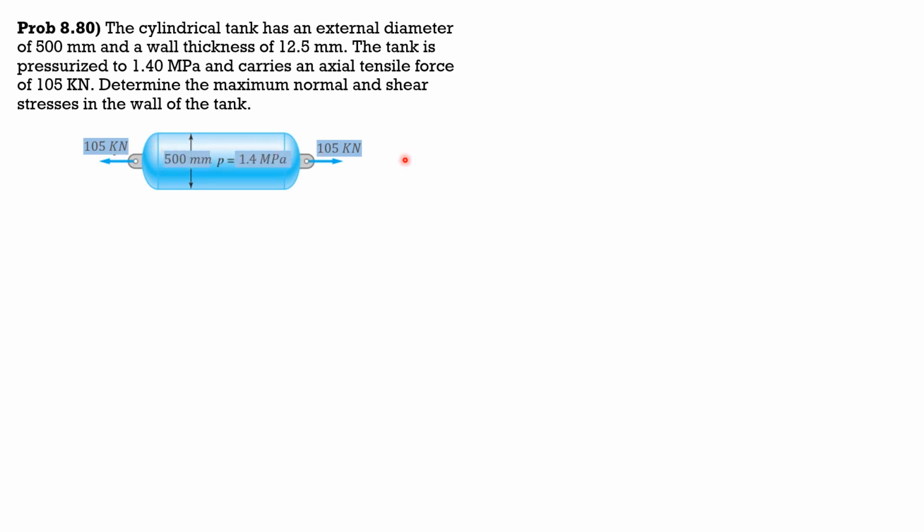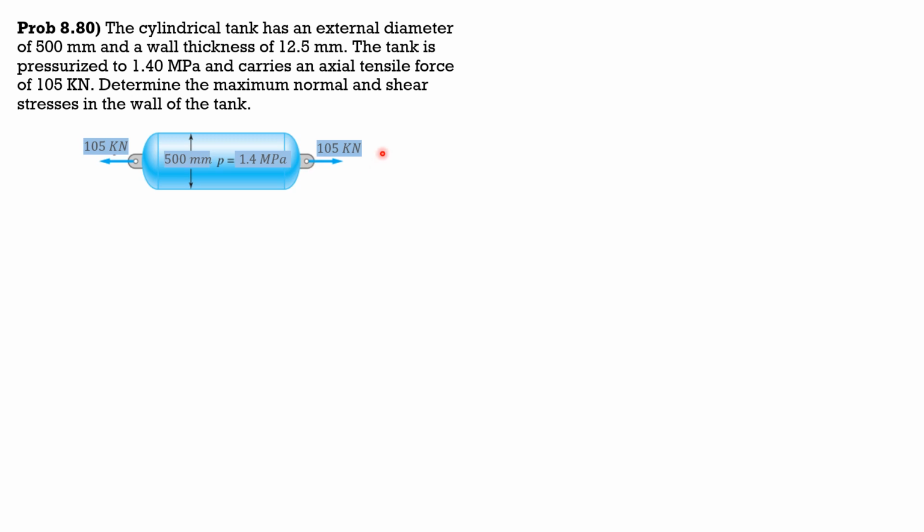So that's longitudinal direction, then circumferential direction around the surface of this cylindrical tank. So longitudinally, it is subjected to longitudinal stress, which is PR over 2T, or PD over 4T.